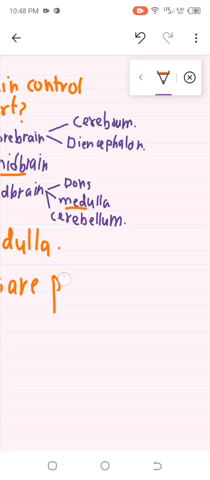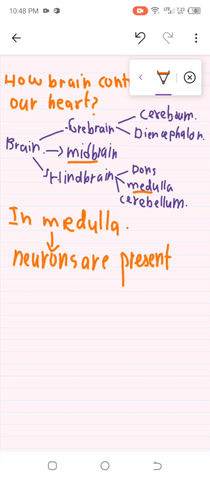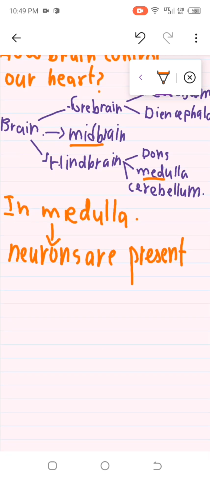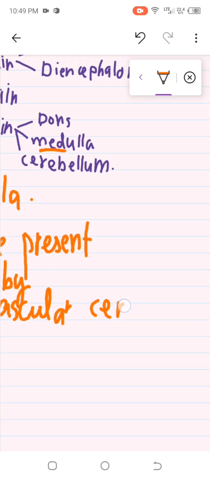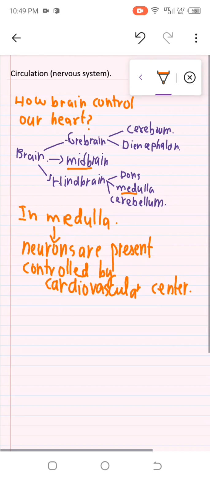Those neurons are controlled by the cardiovascular center.